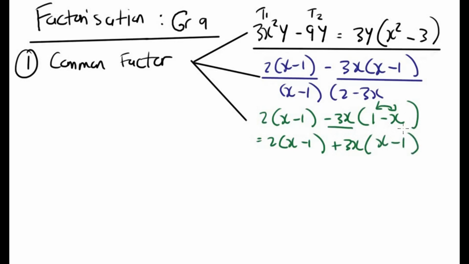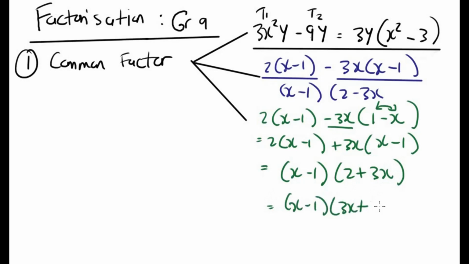Because if you were to multiply this out and this out, you'll see you get the same answer. Then you can take out x minus 1 as a common factor, and you're left with 2 plus 3x. Finally, you'd be left with x minus 1, 3x plus 2. So you've got your x and number, x and number. Okay, so that was common factor.